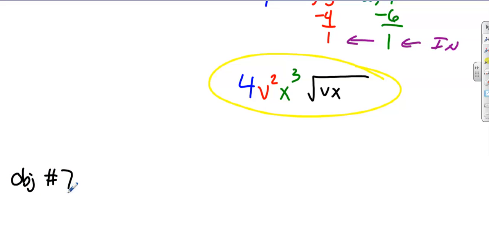Okay, objective 7. They use higher roots. But for this one, they don't do variables. This one, they just stick with the numbers. So in this case, now instead of everything being square roots up to this point, now they start giving you third roots and fourth roots. Might even give you a fifth root along the way.